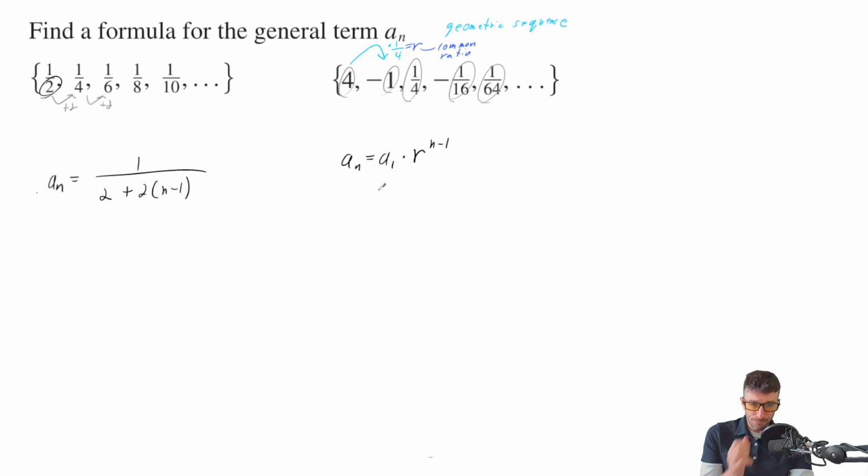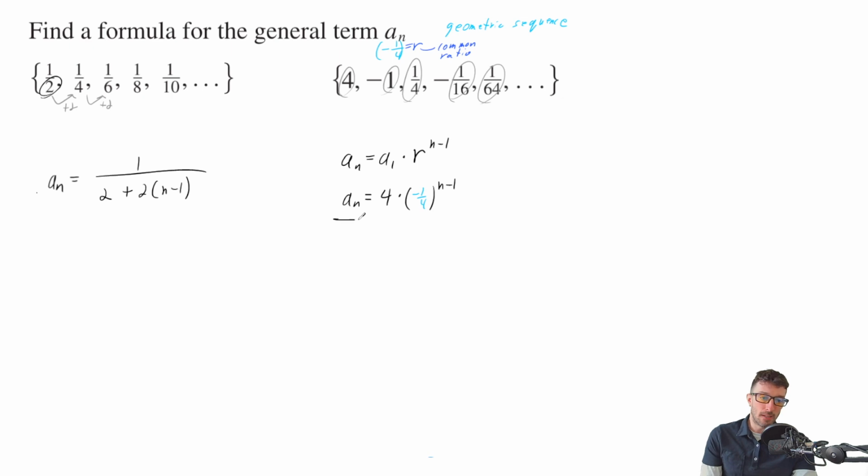So in our case, it's going to be 4 times, and now this is key, we're not really multiplying by 1/4, we're actually always multiplying by negative 1/4. That's a little bit strange, but we should say that the real common ratio is actually negative 1/4, and we're raising that to the n minus 1.